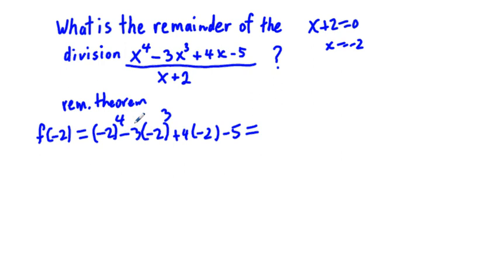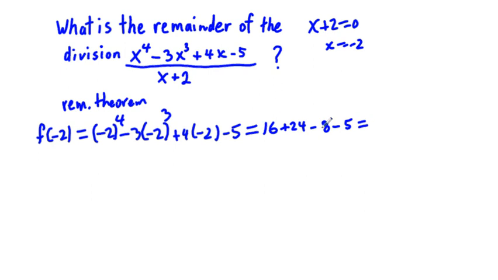And negative 2 to the fourth power is going to be 16. And then negative 2 cubed is going to be negative 8. And negative 8 times negative 3 is going to be plus 24. And then we have plus 4 times negative 2, that's going to be minus 8 and minus 5.